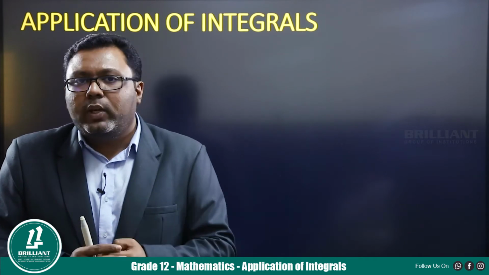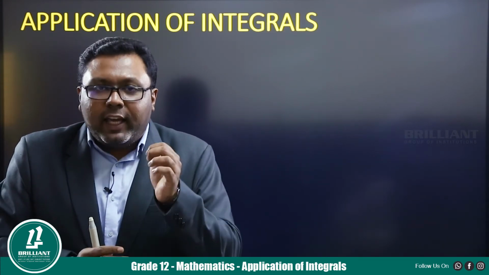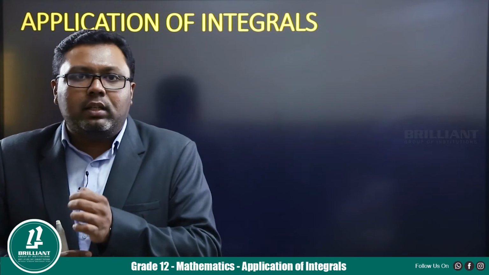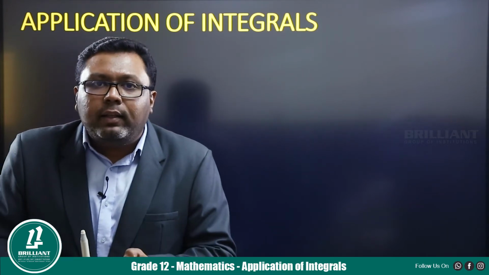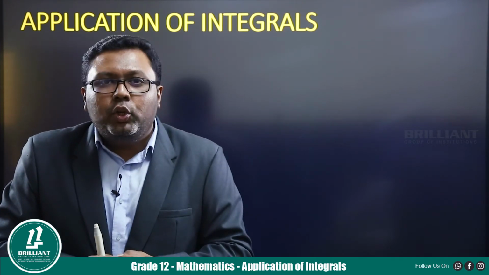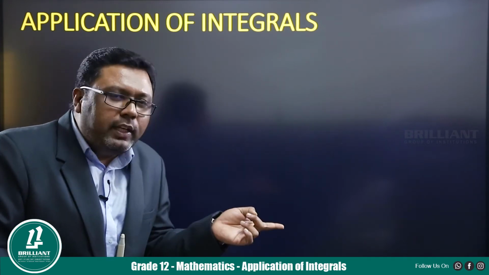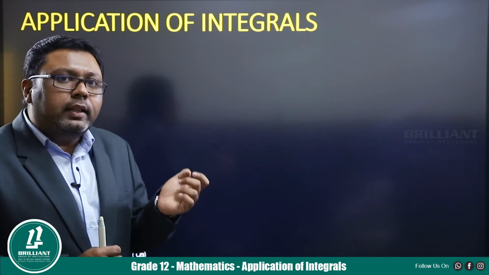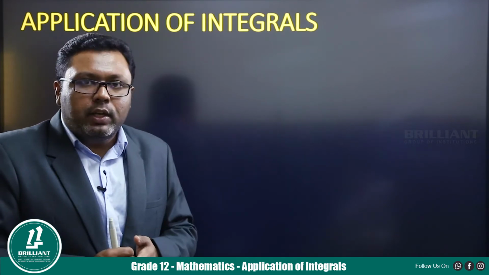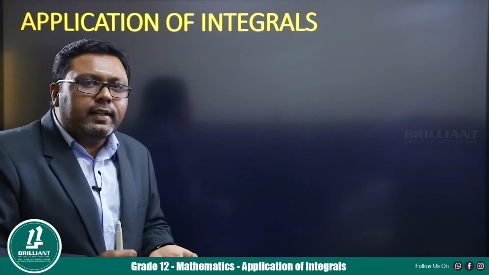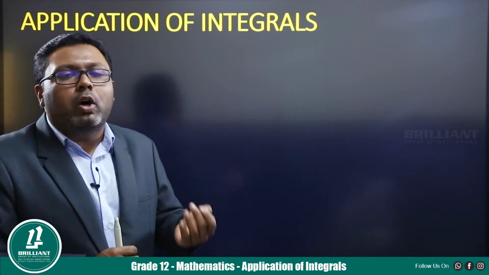So in such a situation, you have to find the area of each region separately and add them, and don't forget, you add the modulus of the area below the x-axis with the area above the x-axis. So when you find the area below the x-axis, you will find the area with the modulus.